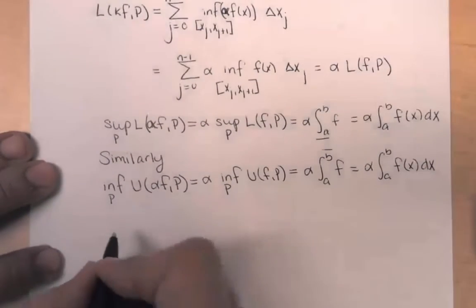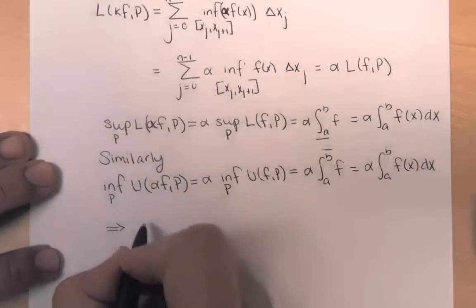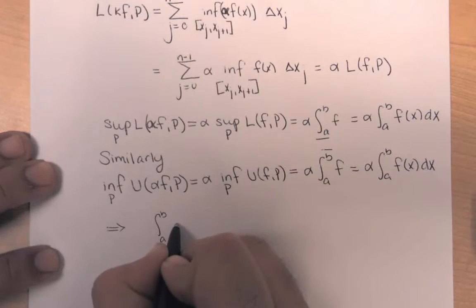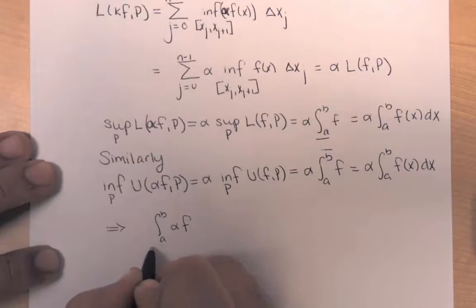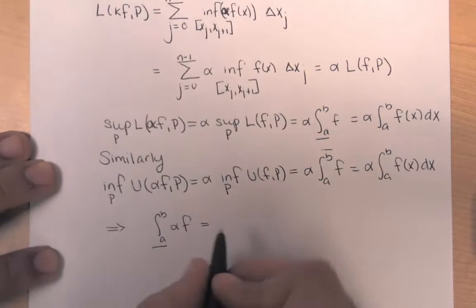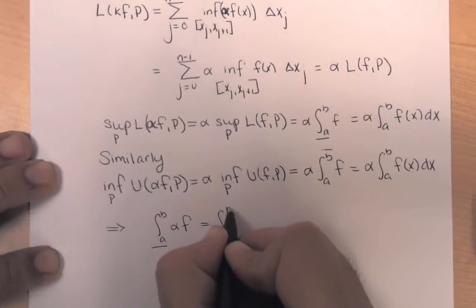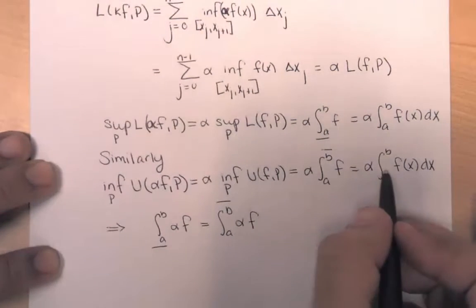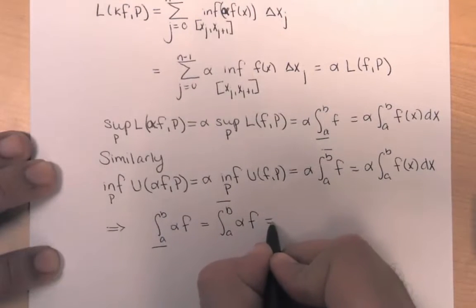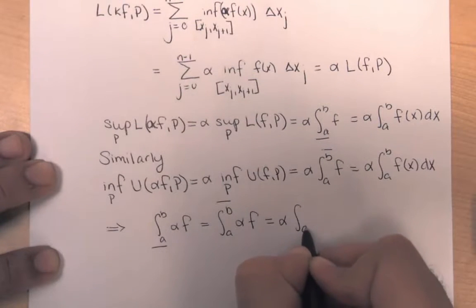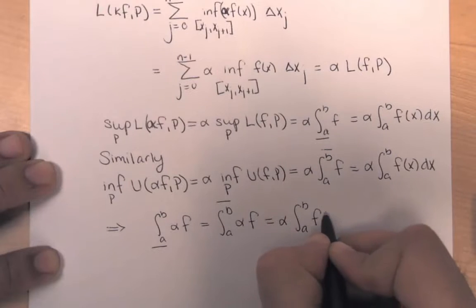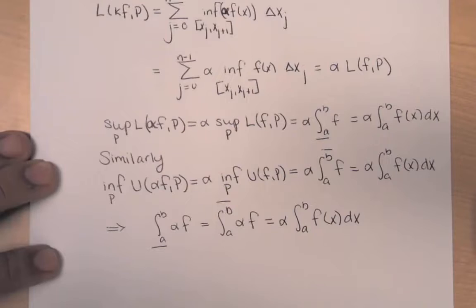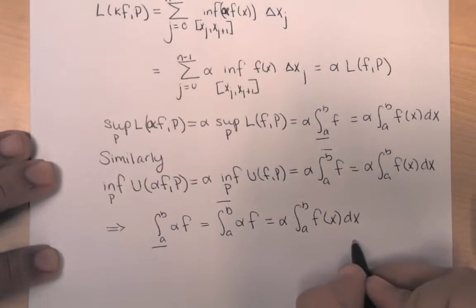So we can conclude that the lower integral of alpha f equals the upper integral of alpha f, and both are equal to alpha times the integral of f. And we've proven our result.